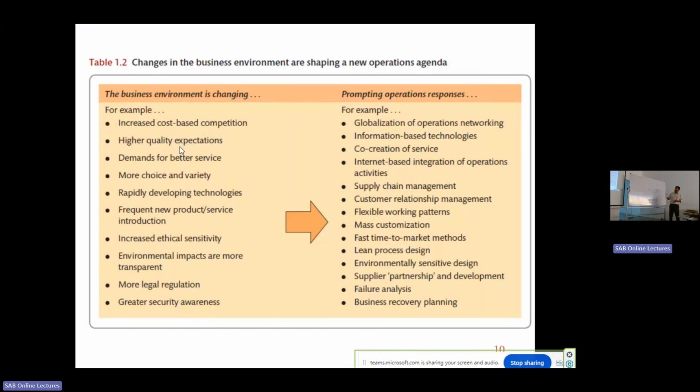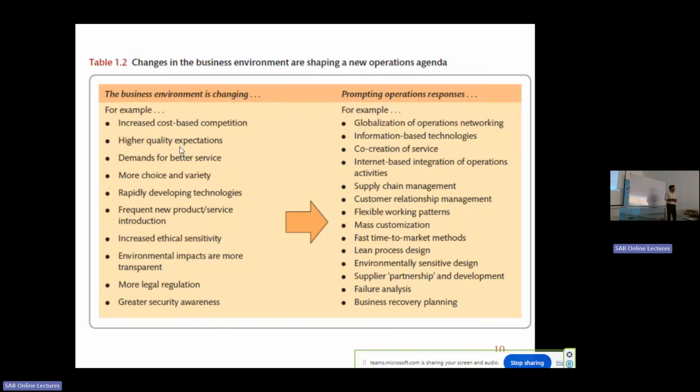So now they believe in globalization of operations, networking, and use of more information technology, IT, and software solutions and systems. That's why ERP and all become important. And then of course, in services we call it co-creation of services, joint producing, customer and service provider together, internet-based integration, cloud computing, information sharing, blockchain.